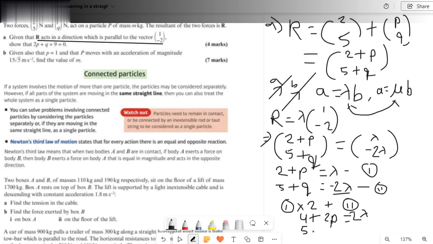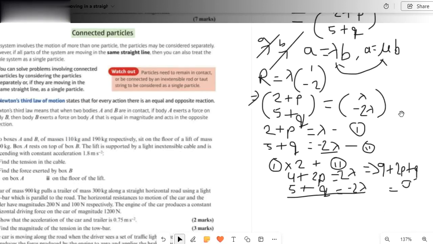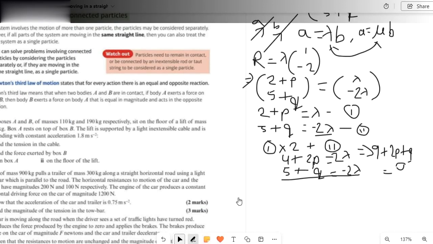So we have 5 + q = -2 lambda, and adding we should get 9 + 2p + q = 0, and rearranging in the given form we should get 2p + q + 9 = 0.